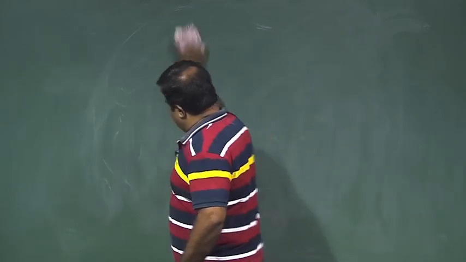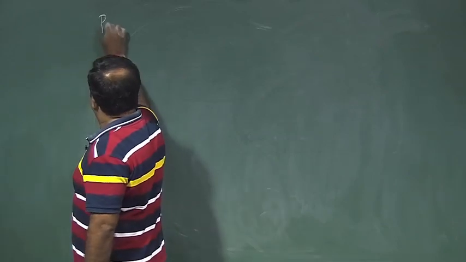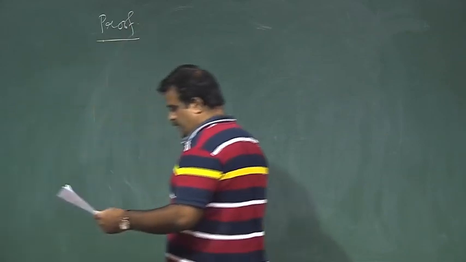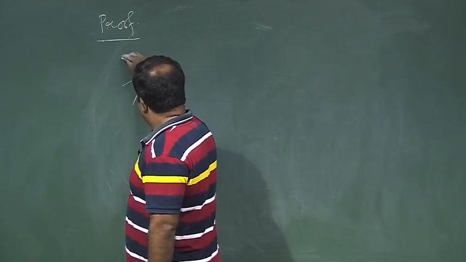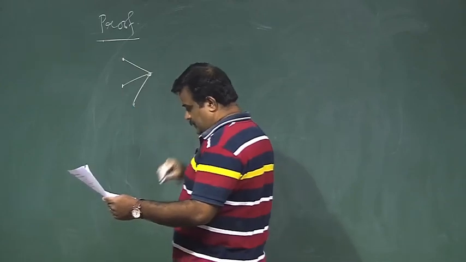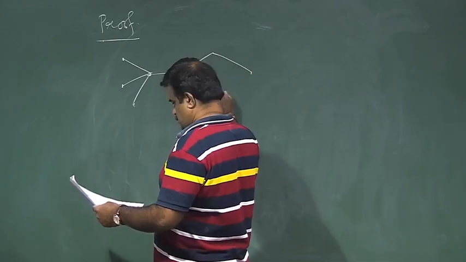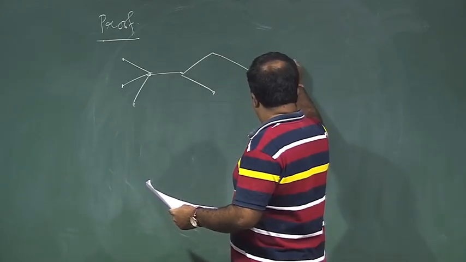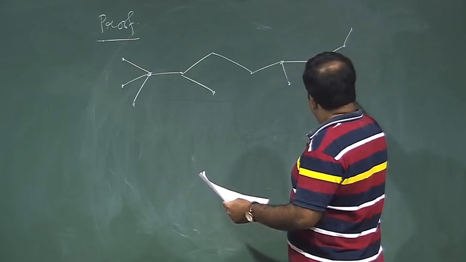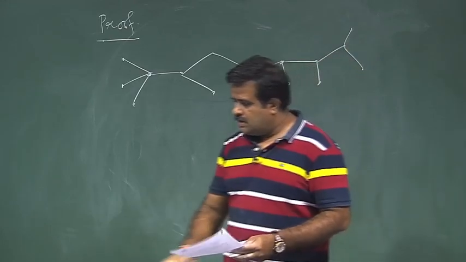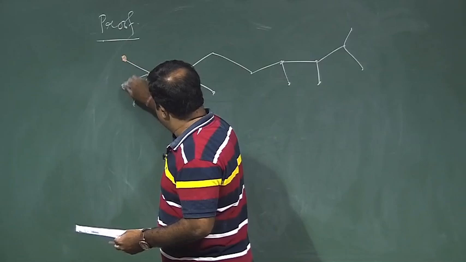This theorem says that if we take any set A, suppose these are the vertices, and let us draw some vertices in A complement.